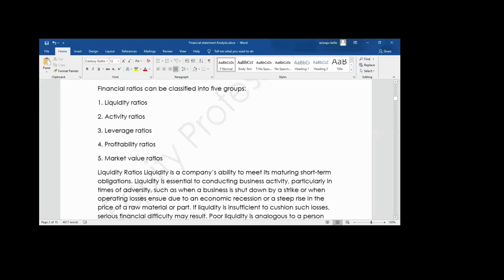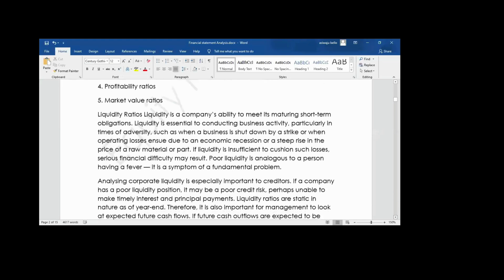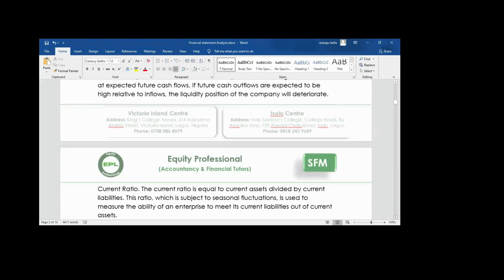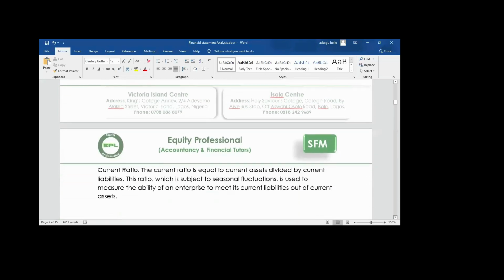Under liquidity, we can look at different ratios. We talk about current ratio. Your current ratio is current assets divided by current liabilities.